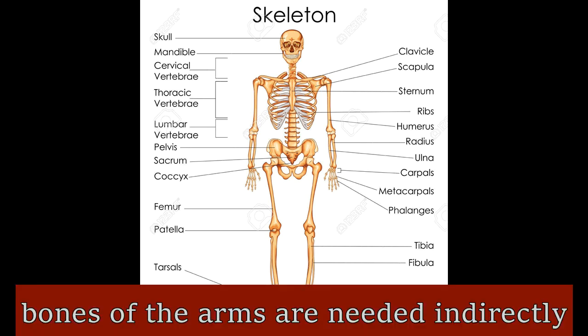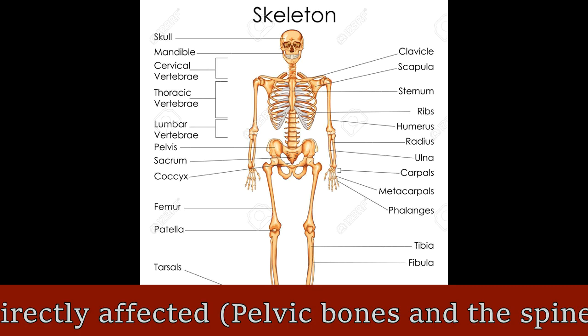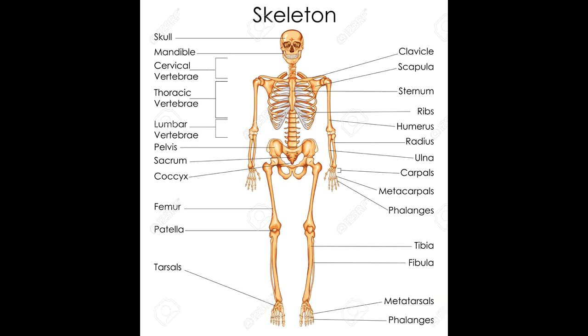All the bones of the arms, and also the bones of the lower limbs, will be affected as well, but indirectly. Directly, your pelvic bones will be affected, as well as the spine, because the spine supports the whole body. You cannot have the pelvic bone without the spine. So the spine and the pelvic bones will be affected directly.